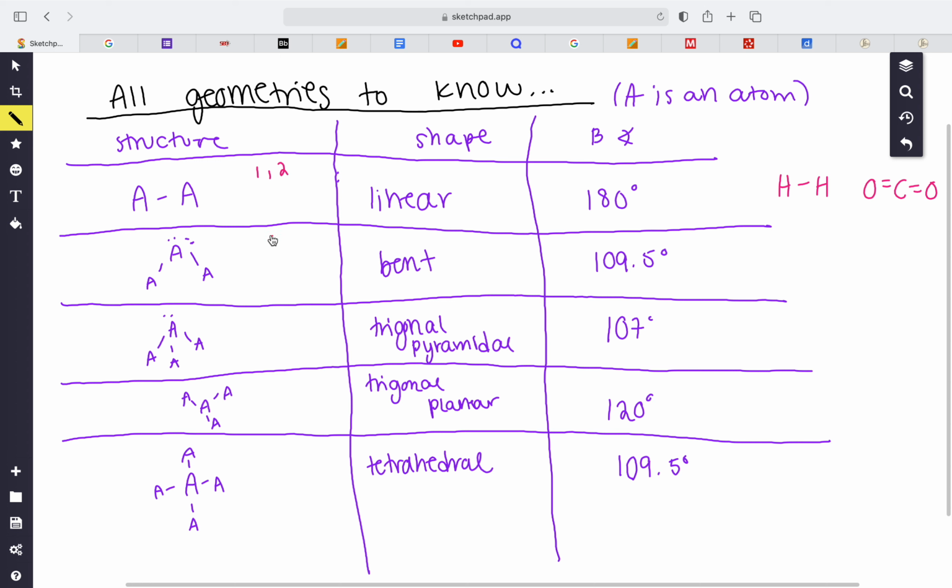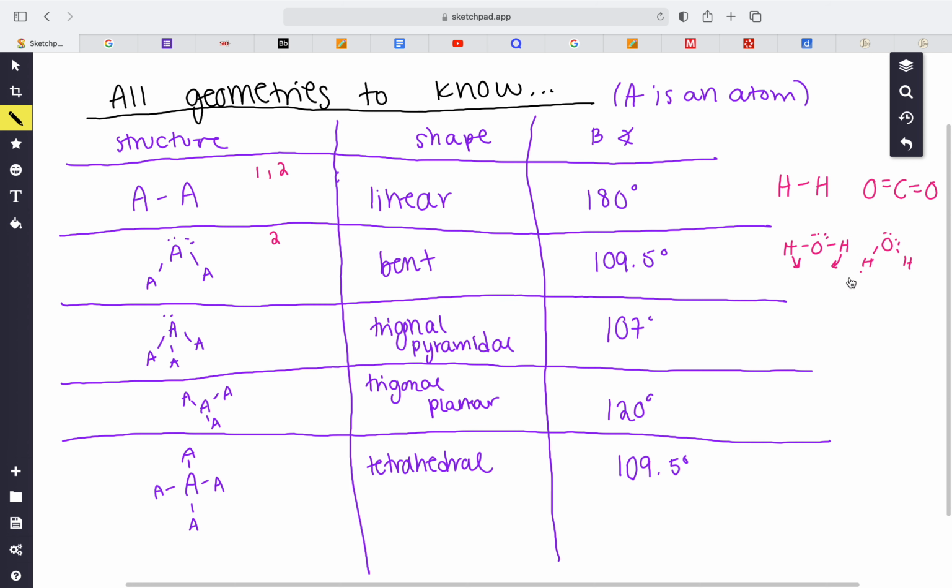And now let's look at bent, which is going to be 2. So bent only occurs if it's linear with lone pairs, right? So if it's something that can be linear, so let's see, H2O is our example again. So it could have been linear if it was like this, but as you remember, there's those lone pairs that are going to bend these hydrogens down. So it's going to actually look like this.